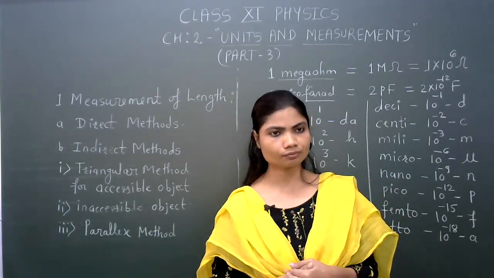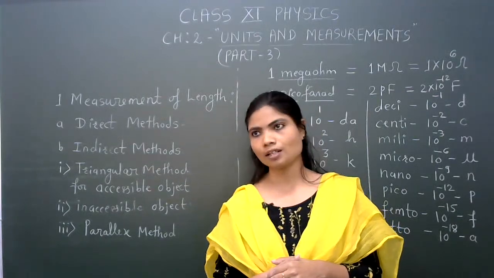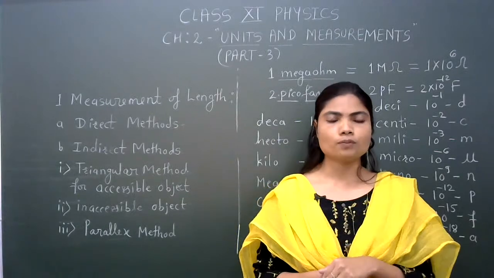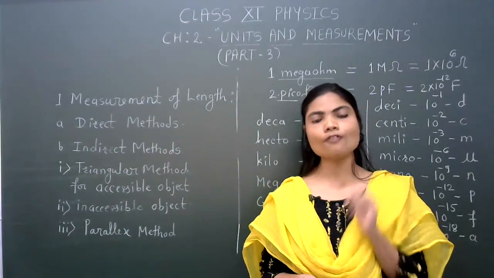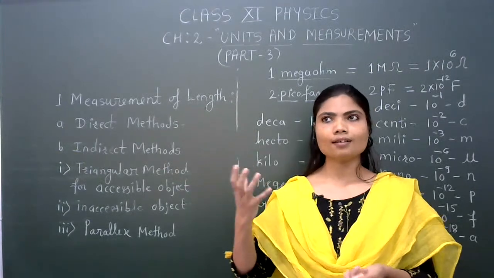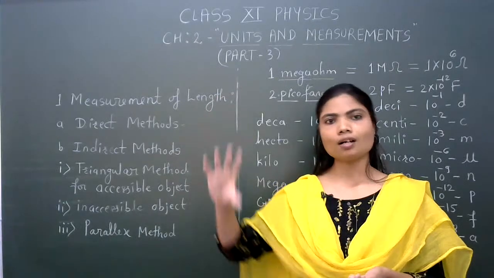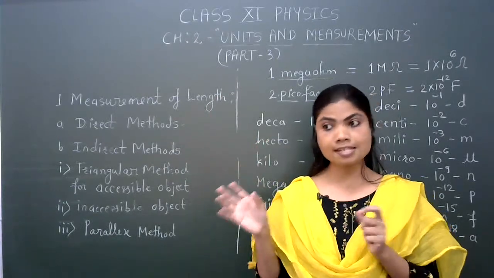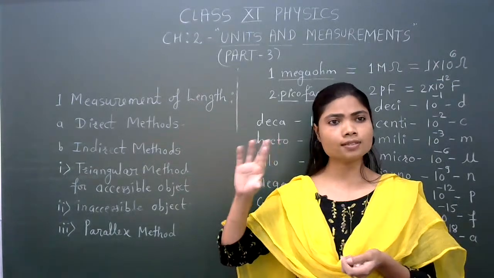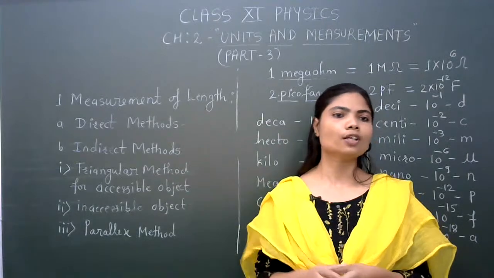Yes. So we begin with the first indirect method, for measuring the height of an accessible object. Accessible means you cannot directly measure a point on it, but you can see it clearly, it is nearly close to us, and you can distinguish between the bottom and top of that particular object.